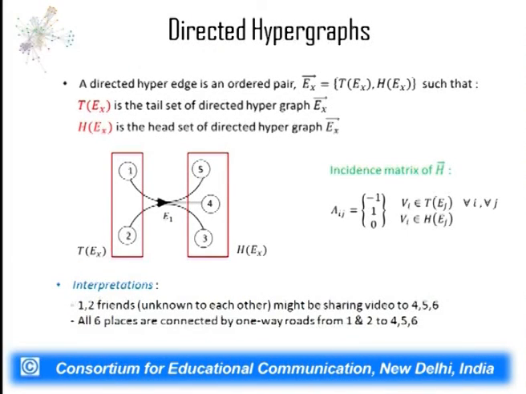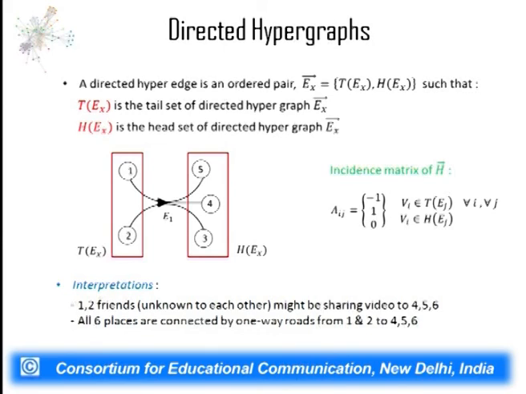We have 2 subsets over here, which are disjoint: the tail set and the head set. If we take an arrow, the tail part will be the tail set, and wherever the head of the arrow is pointing, that is our head set, denoted by H(E). Now you can just map your concept with the bipartite graph that we have already studied.